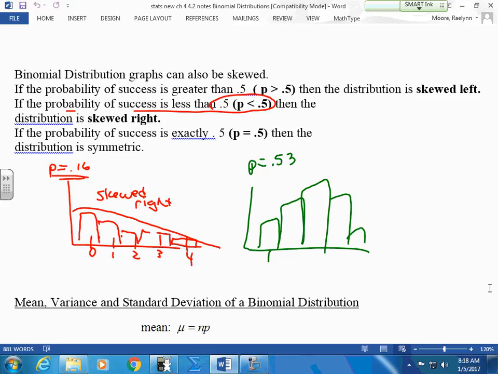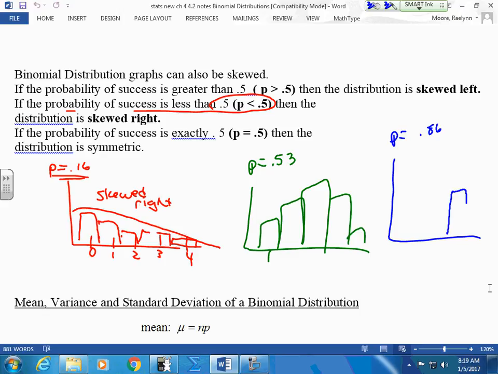When we had the situation where it was very high, I think we did a 0.86, like the operations, don't I expect a lot of them to be successful? Remember when we looked at the operations? We said they had an 85% chance of being successful. Then shouldn't more of them work? Shouldn't more of them be successful?